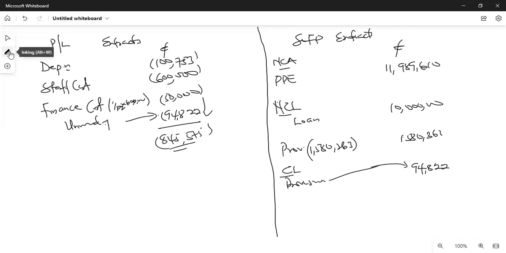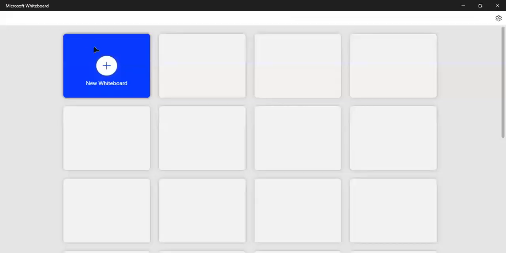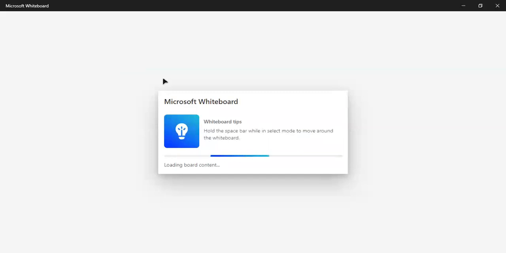Let's go on and complete the other non-current asset standards. And we want to look at grants. Let's look at grants. IAS 20.